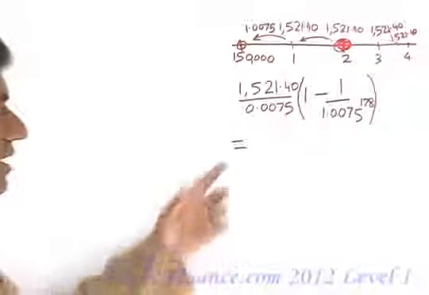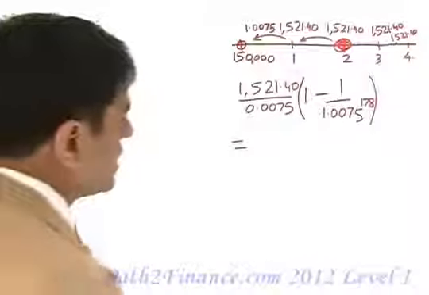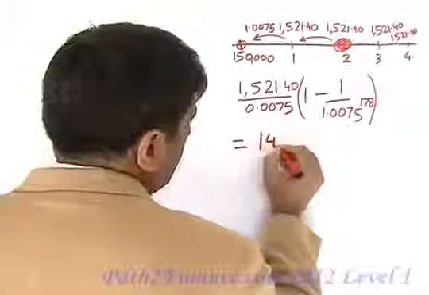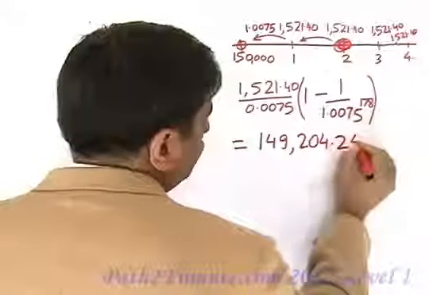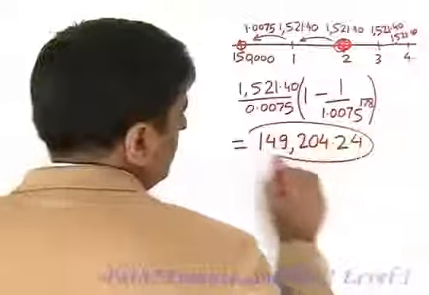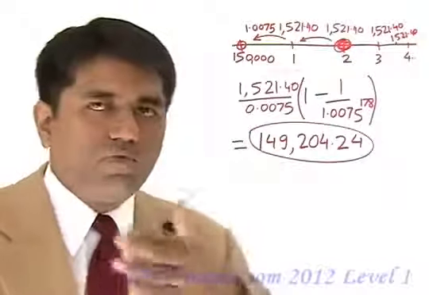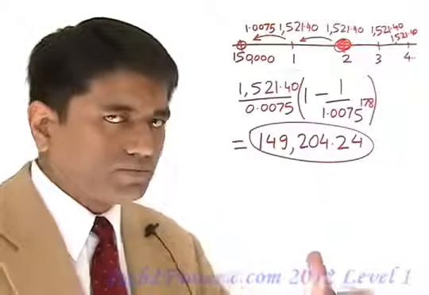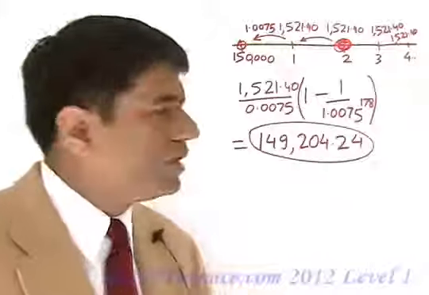And if you compute this value, it turns out to be 149,204.24, which is the same answer you got when you moved ahead by 2 periods. There's only a 1 cent difference, which is due to rounding error.